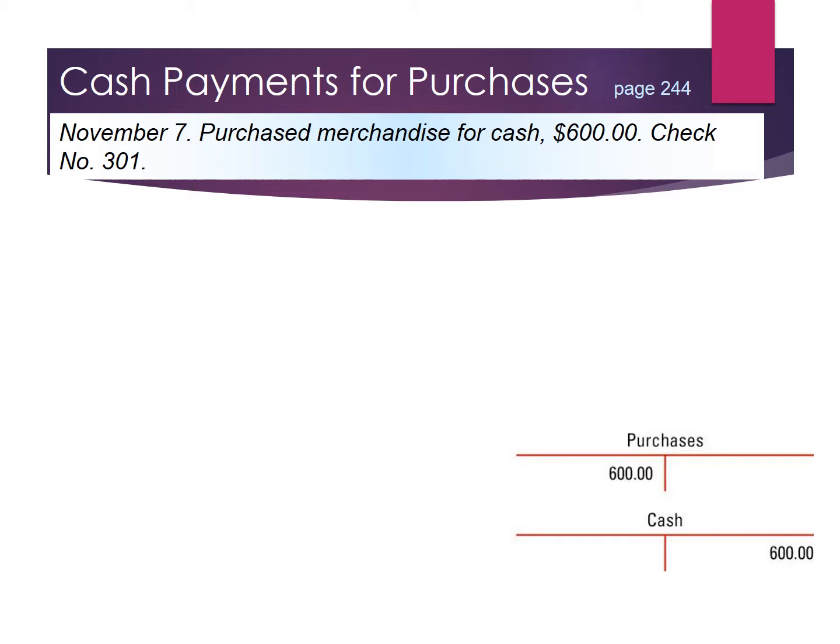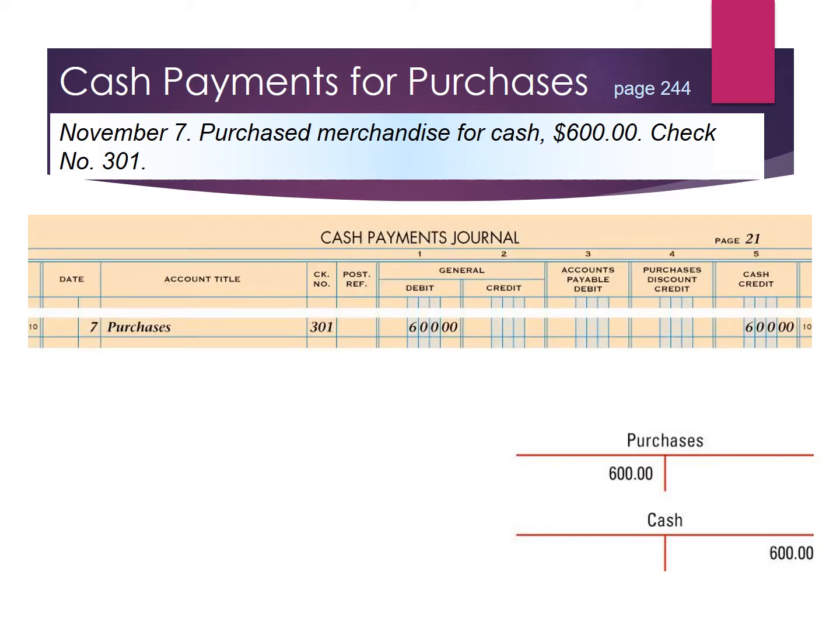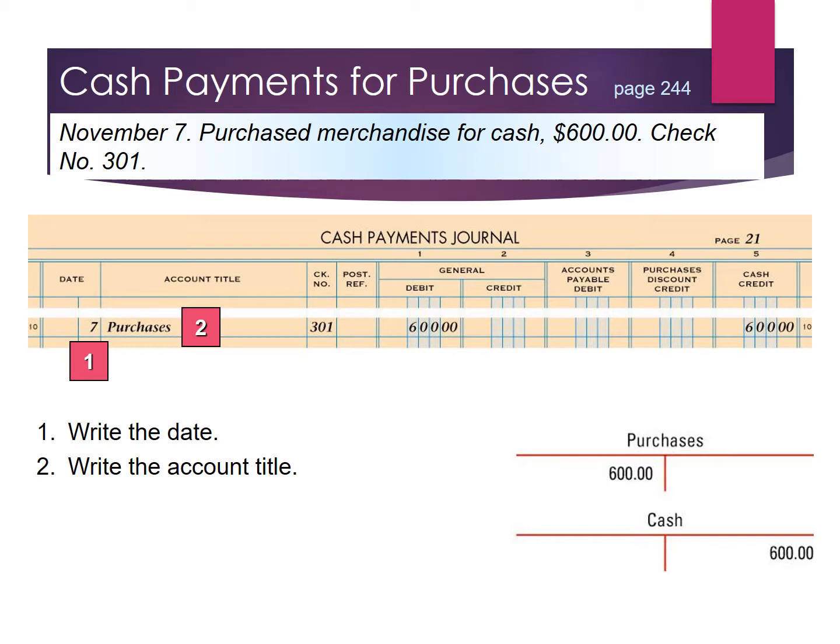Our source document is a check, which tells us the journal we will use is our cash payments journal. So first we will write the date, then we will write the account title, and if we look at purchases, we know we are going to debit that for $600.